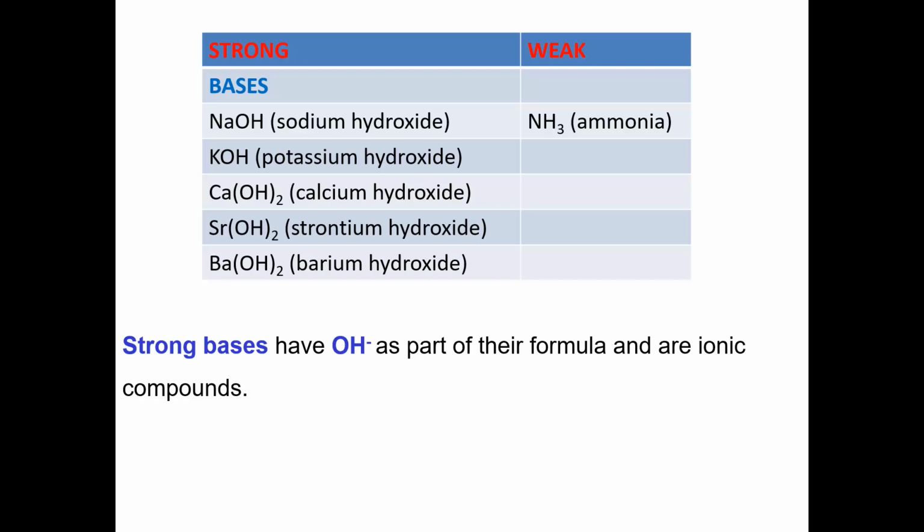Typical weak bases are molecular compounds that contain nitrogen, and perhaps the most famous one is ammonia. So NH3. I guess equally as famous would be those DNA bases that we talked about previously.